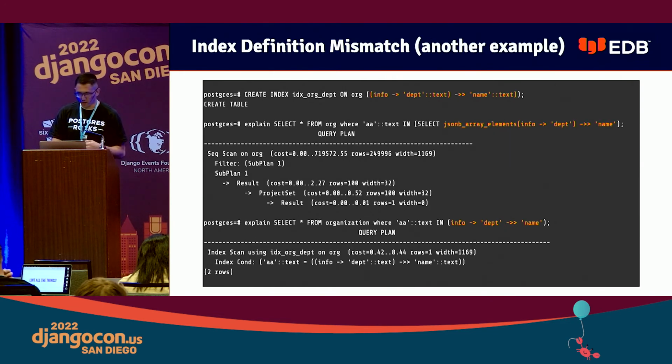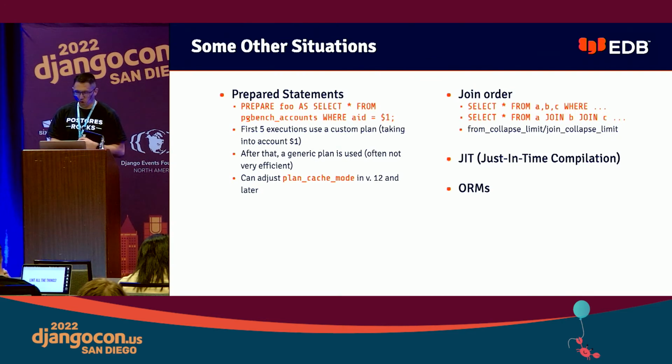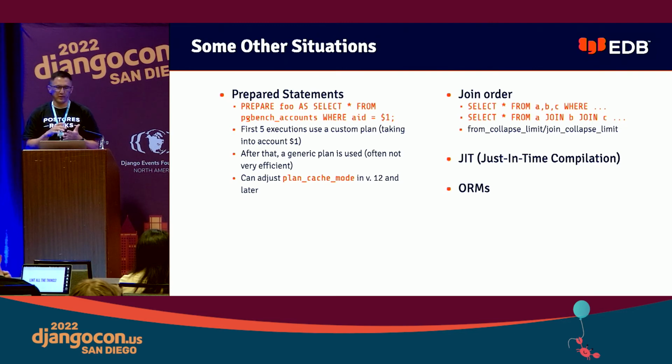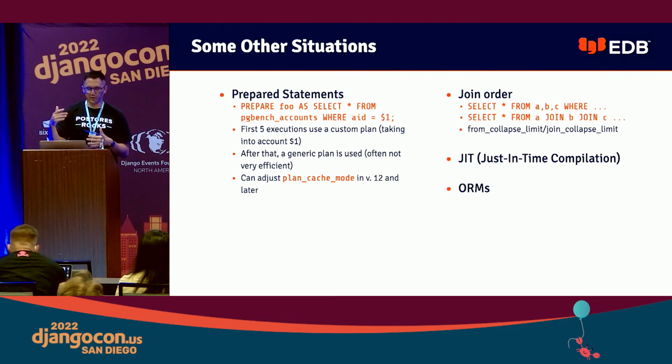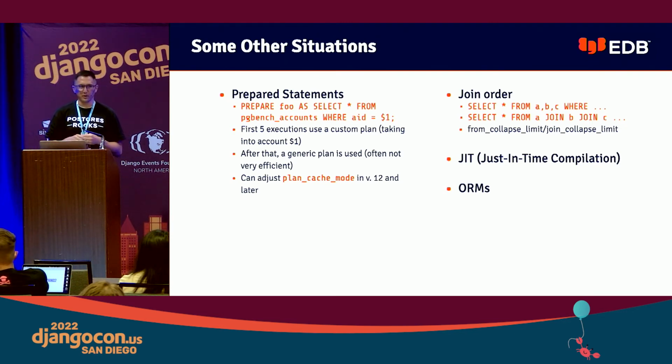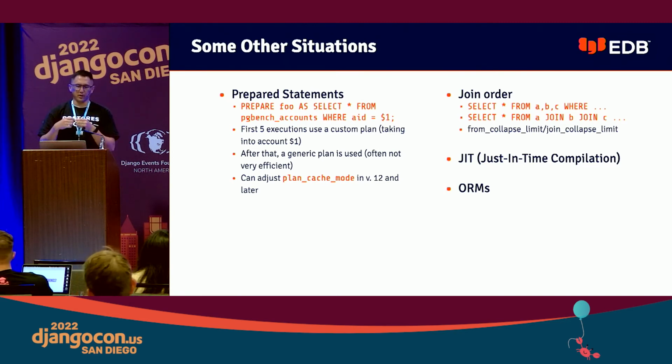Okay, another example with JSON. Some other situations, which I'll go through pretty quickly. Prepared statements. If you are using prepared statements, I forget if Django uses prepared statements, but I know in Java and Perl, there's this idea of using prepared statements, and whenever you call execute on a prepared statement, you actually are using a custom query.